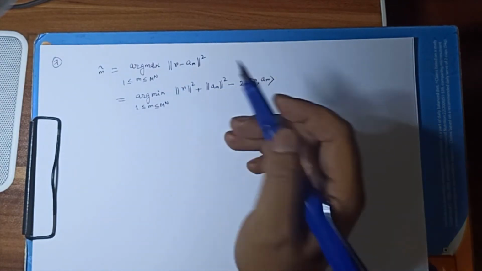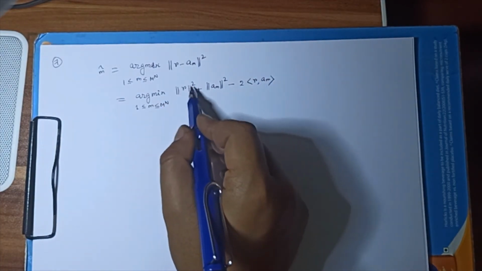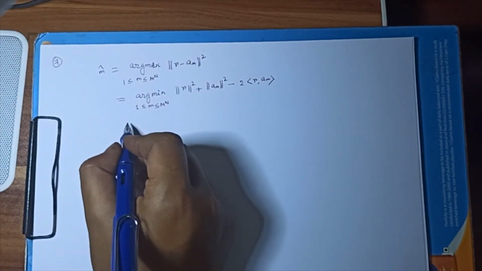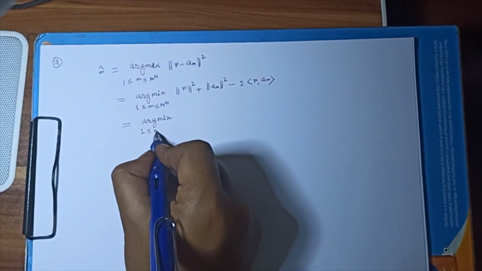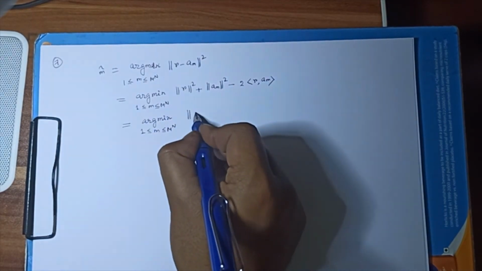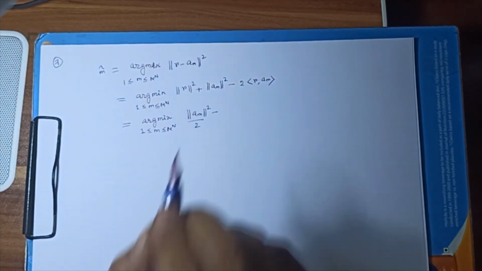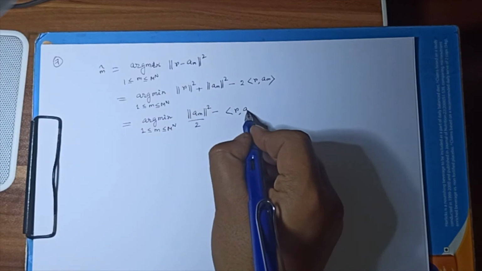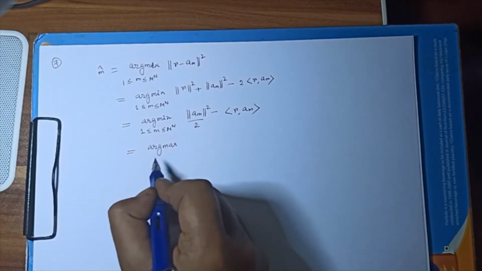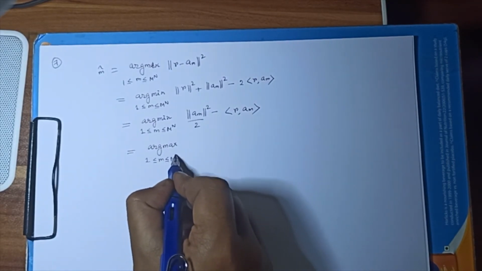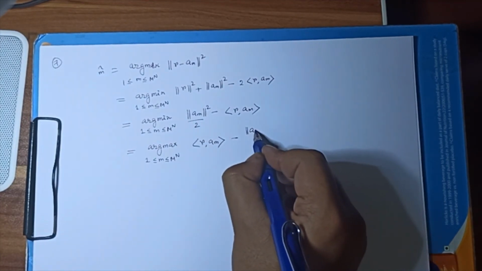This r and a_m can be complex, then I have to take the real part of this. Out of this, r does not change with m, so you can get rid of r also. So you will get essentially a_m^2 / 2 - r a_m. I can convert it to argmax again: r a_m - a_m^2 / 2.